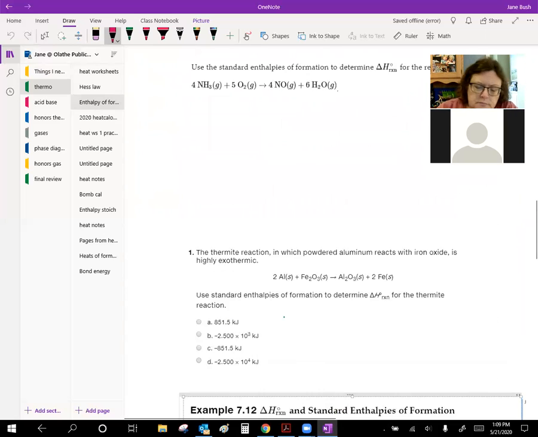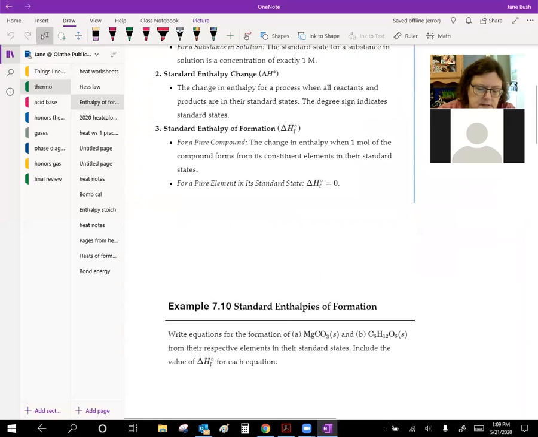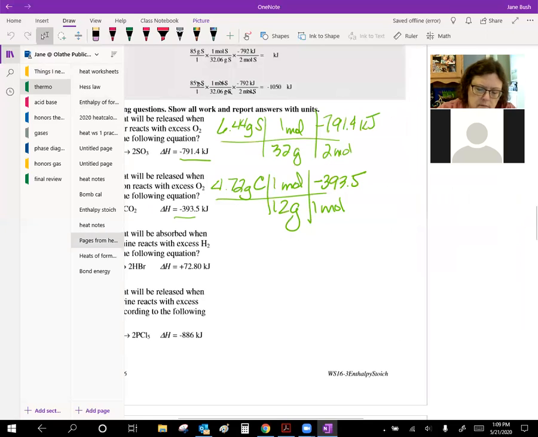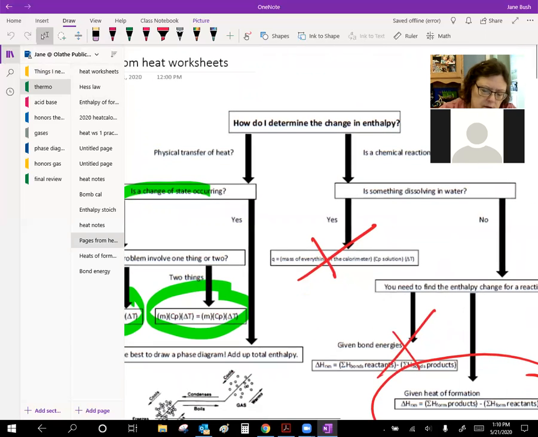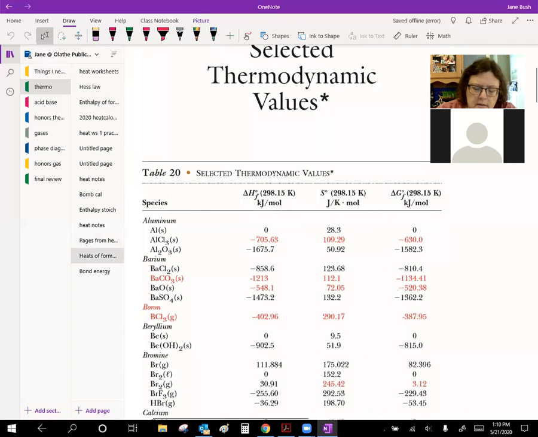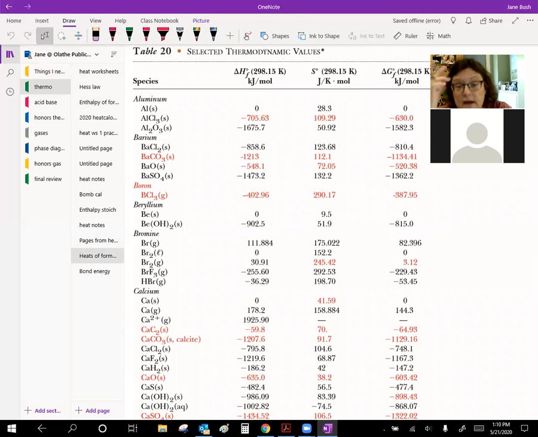But so if you have, let's see, did I put an enthalpy diagram in here? Here we go. So these values, and you'll be given the values you need.